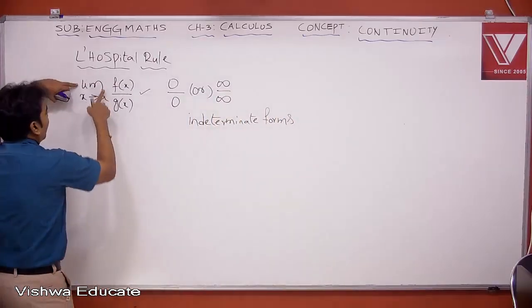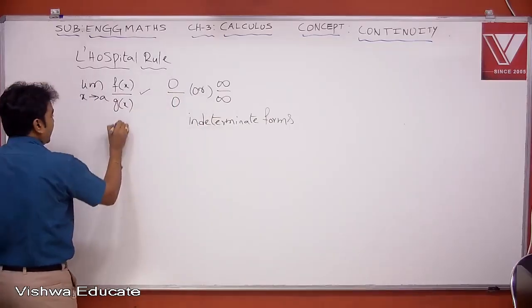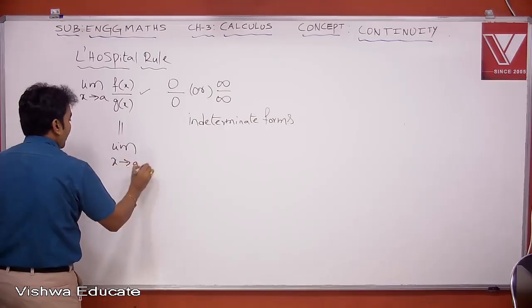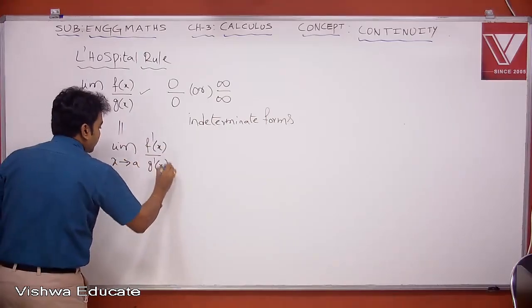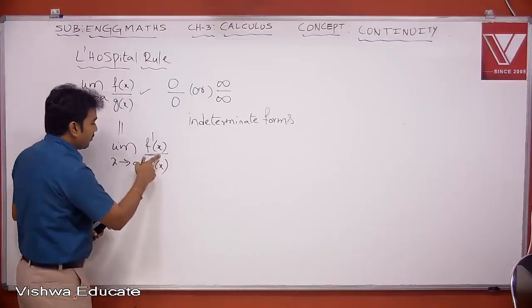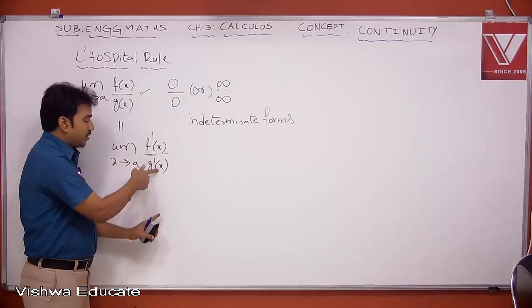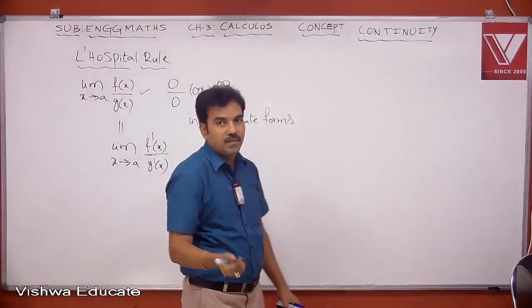So when the limit of the ratio of two functions takes either 0 by 0 or infinity by infinity form, then this limit must be equal to the limit as x tends to a of f dash of x divided by g dash of x. So basically this is nothing but the derivative of the two functions. This dash represents first order derivative. Note this point.